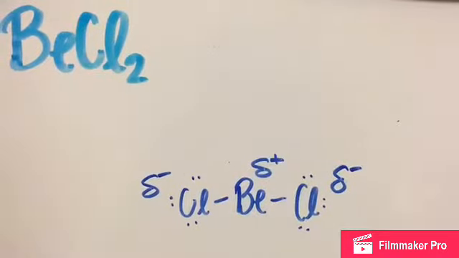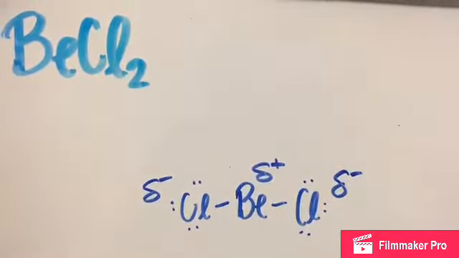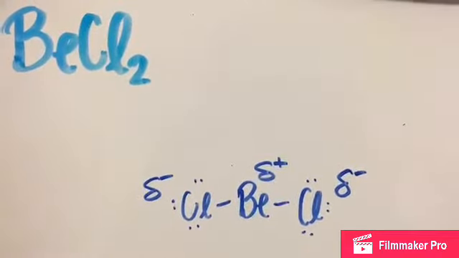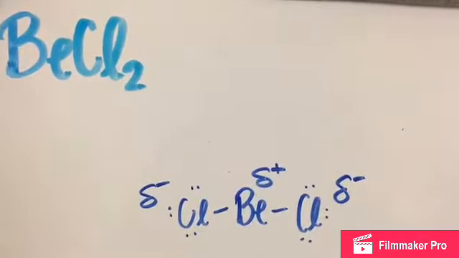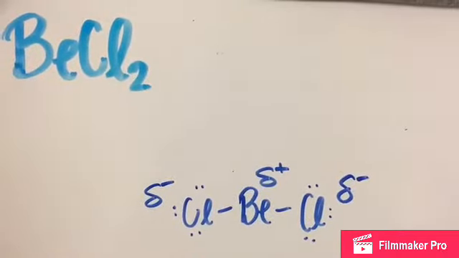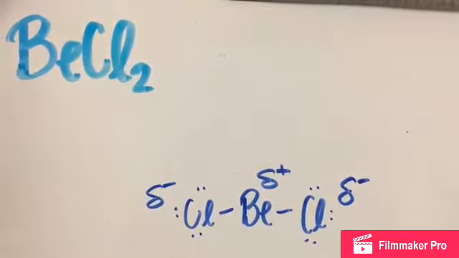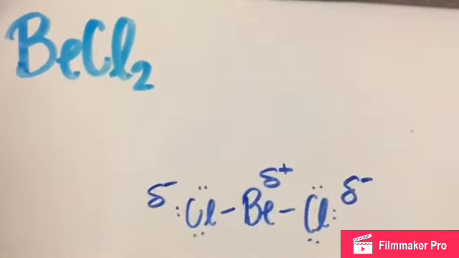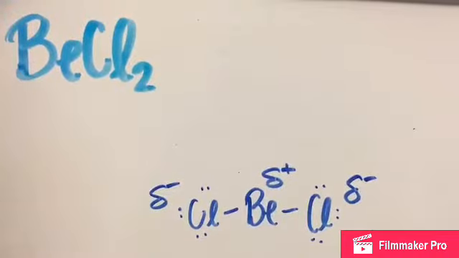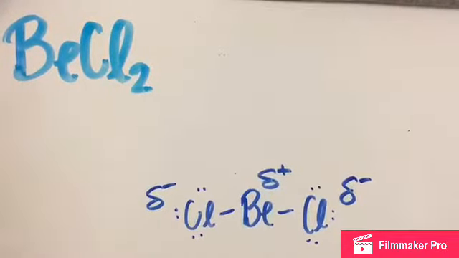Now let's take a look at the partial charges. We know that chlorine, being close to fluorine, is more electronegative than beryllium. So the electrons will float towards the chlorine atoms, giving it a partial negative charge.